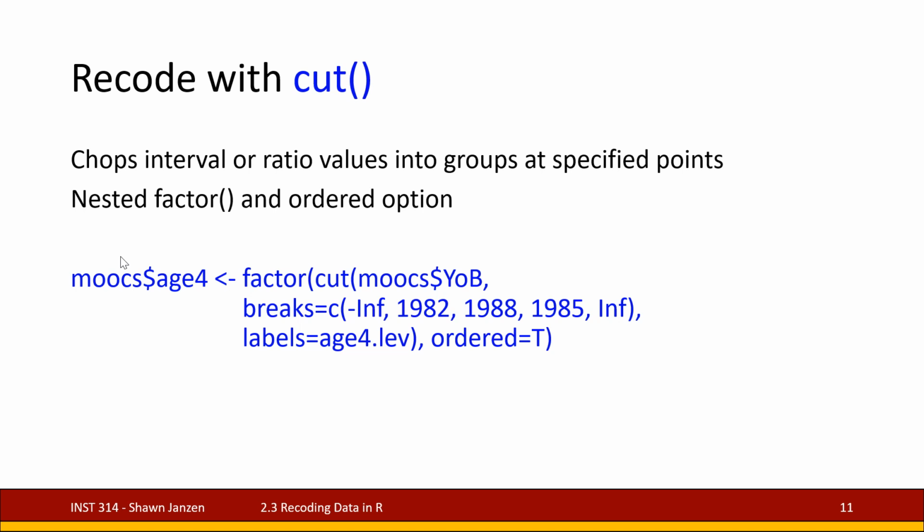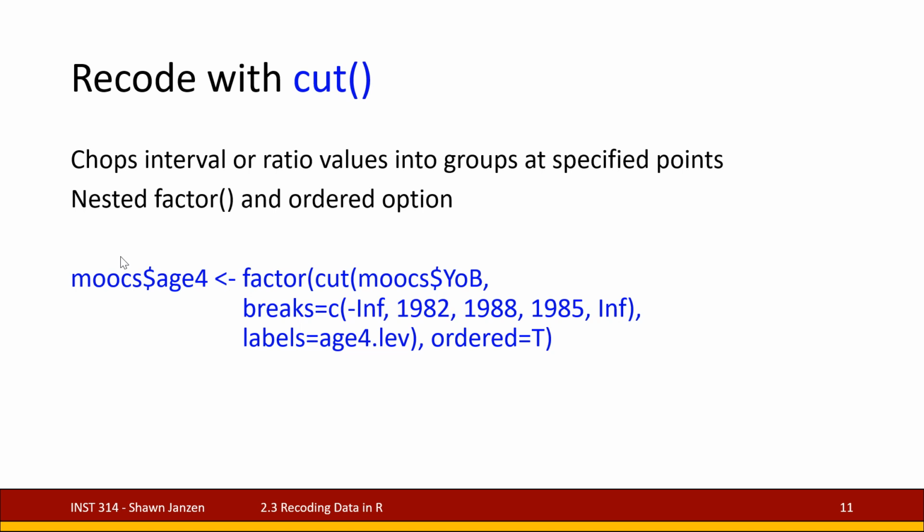But what it does is you can think of taking those numbers and putting them all in a big row, and then cutting it at different points, and what falls in between your cuts becomes a group. So I'm doing a cut on year of birth, and then I'm indicating a breaks option of where to cut. You start with, in this case, negative Inf for negative infinity and Inf at the other end for positive infinity. Those are my far ends. If you know what the high and low values are, you could go just beyond that to make sure you're inclusive. But I just want to say everything to the far left and everything to the far right on my number line.